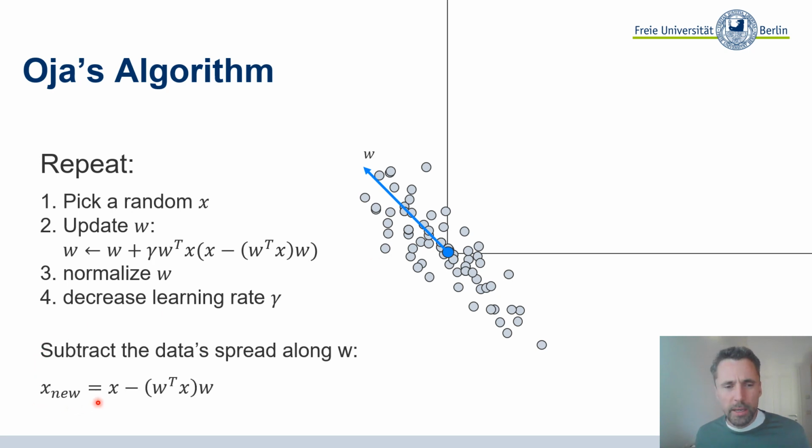We do this by taking every x and looking at the projection of this x onto W, which is a number. Then we scale this vector with this scalar value, and then we subtract this vector from x.